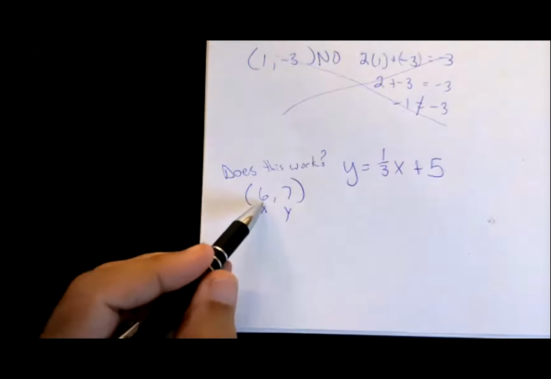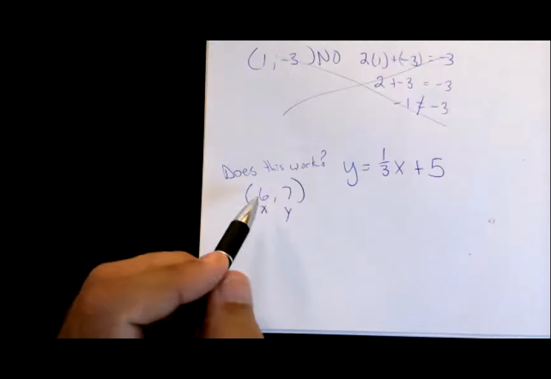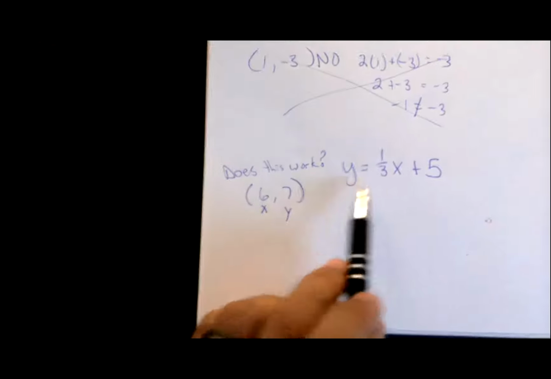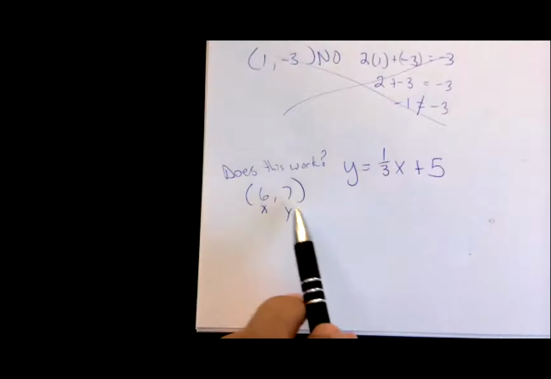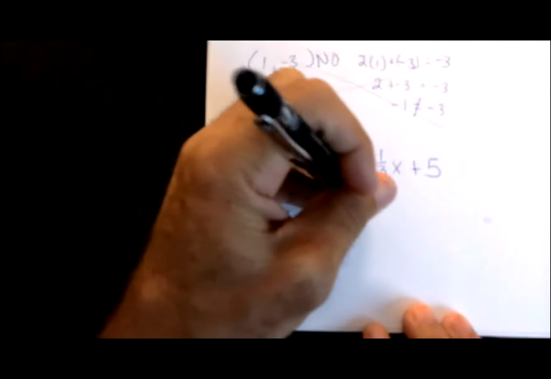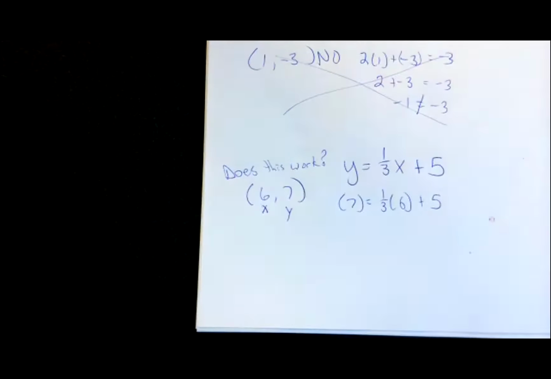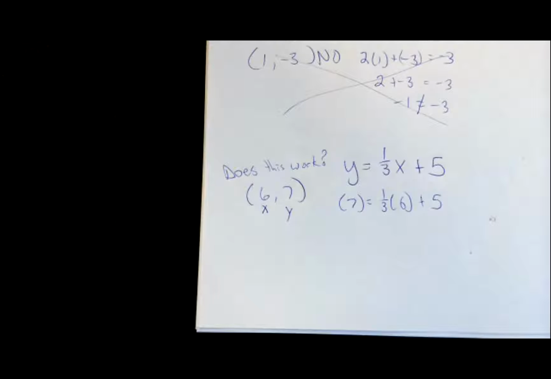Order matters because, again, this gives you your horizontal location. This gives you your vertical location. It's important for them to always be in the right order. But in this equation, we've got a Y here and then our X here. So make sure you put the correct number in for the correct variable. So what they're asking is, does 7 equal 1/3 of 6 plus 5?